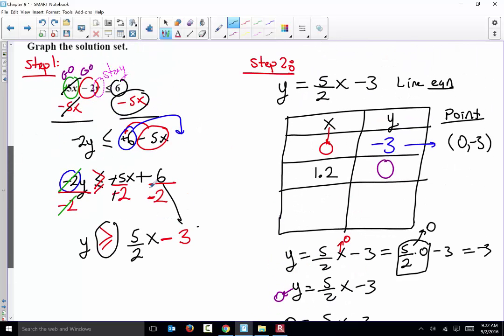Now, I have one more row. If you want to guarantee, make sure you can get a third point, but that's optional, a waste of time for some of you. If you think your work is solid here, you're good with numbers, then you don't need the third or fourth points. Why do I need the third, fourth, or fifth points? For assurance, insurance.